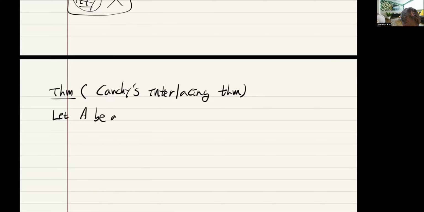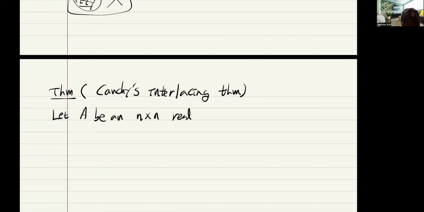So let A be an n by n real symmetric matrix.